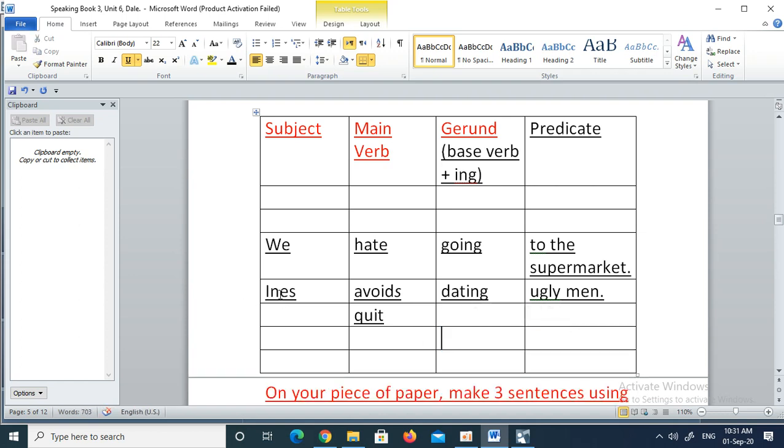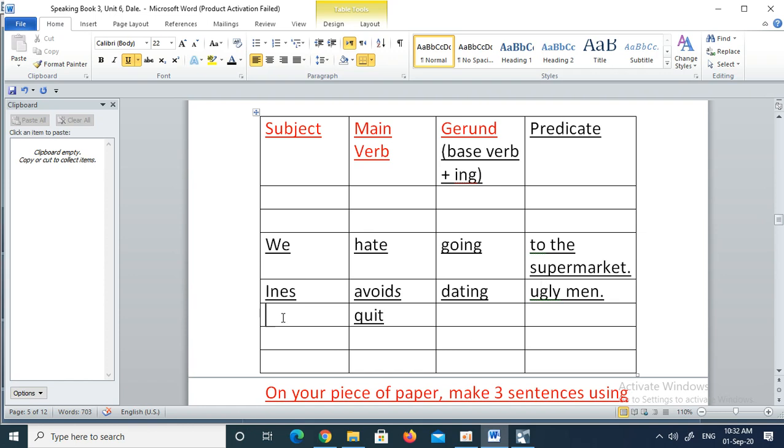So we have a subject, Inars. Inars avoids, and there's an S there because Inars is female singular, third person. Dating, we have a gerund from the base verb to date and the suffix ing, and the predicate is ugly men. Inars avoids dating ugly men. All right.